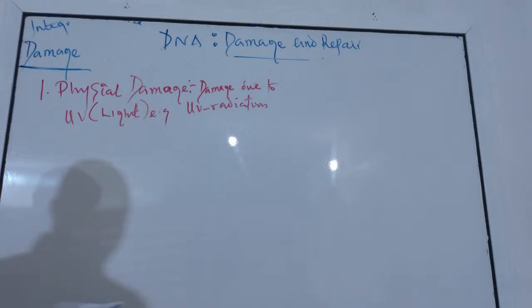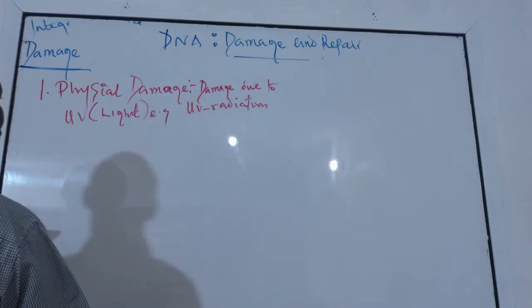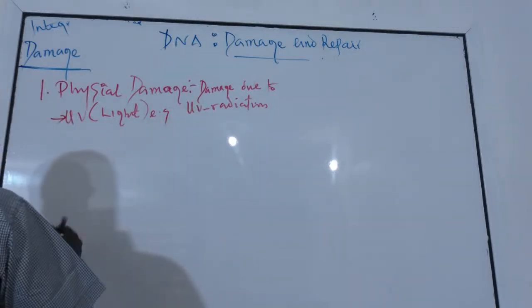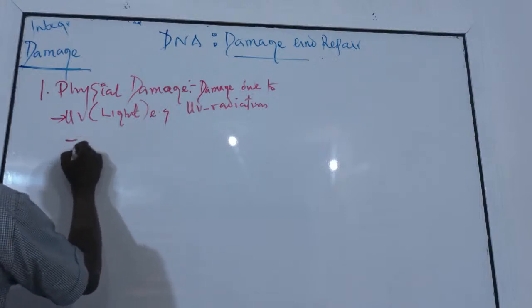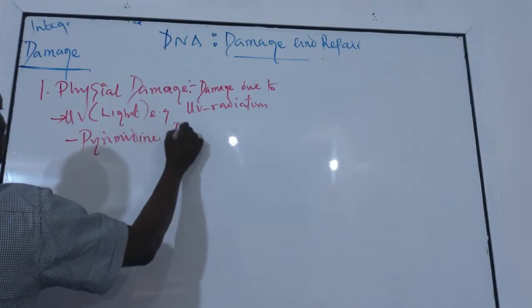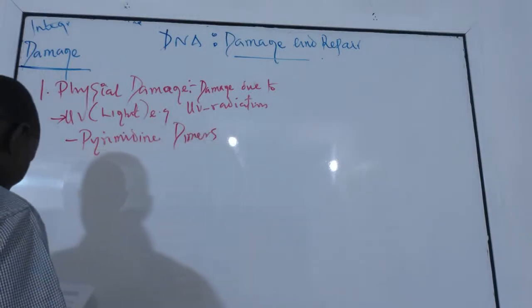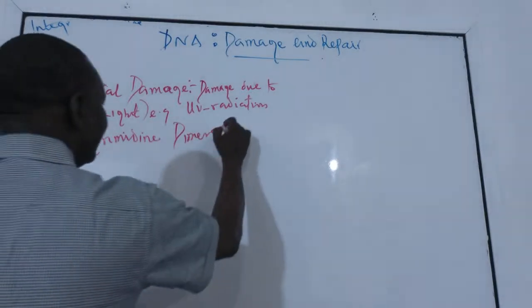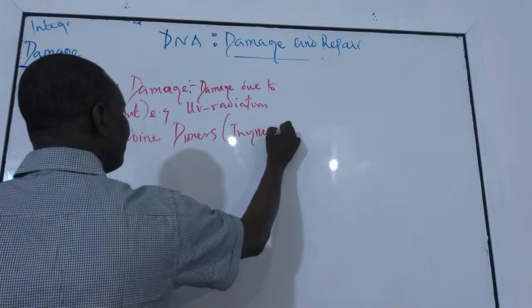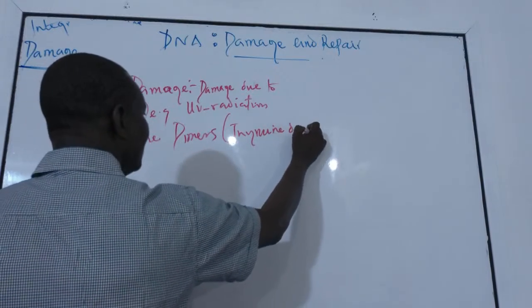So how would this actually happen, what are the examples, and what would be the cause? What damage would they cause? Number one is that whenever we are exposed to UV light or UV radiation, it is going to lead to error due to pyrimidine dimer formation, especially thymine dimers.